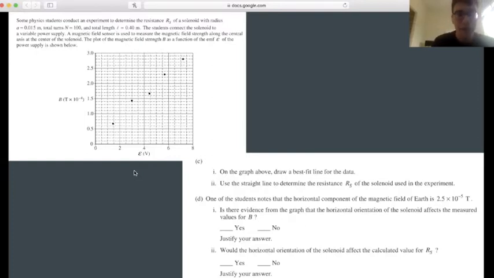The plot of the magnetic field strength B as a function of the EMF E of the power supply is shown below. So on the graph above, we're supposed to draw a best fit straight line to determine the resistance R sub S of the solenoid used in the experiment. And then we have some experimental questions that we'll get on to answering.